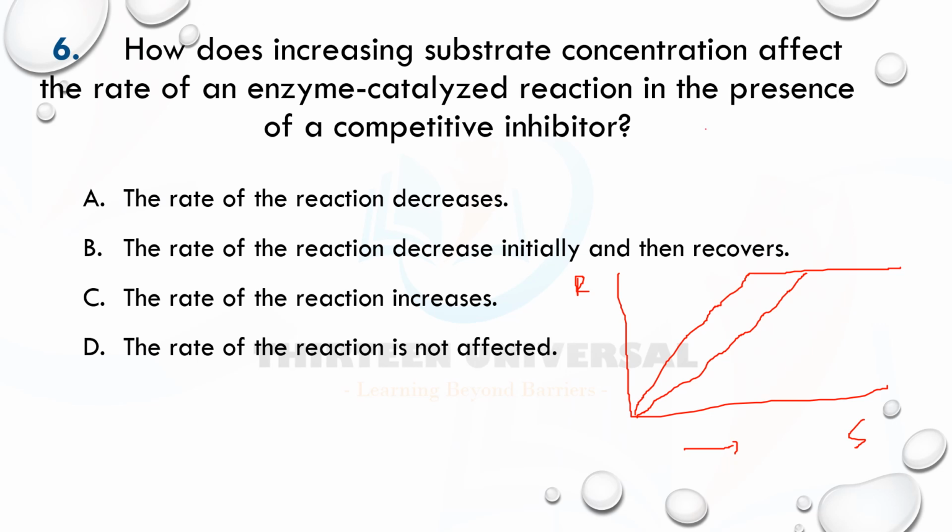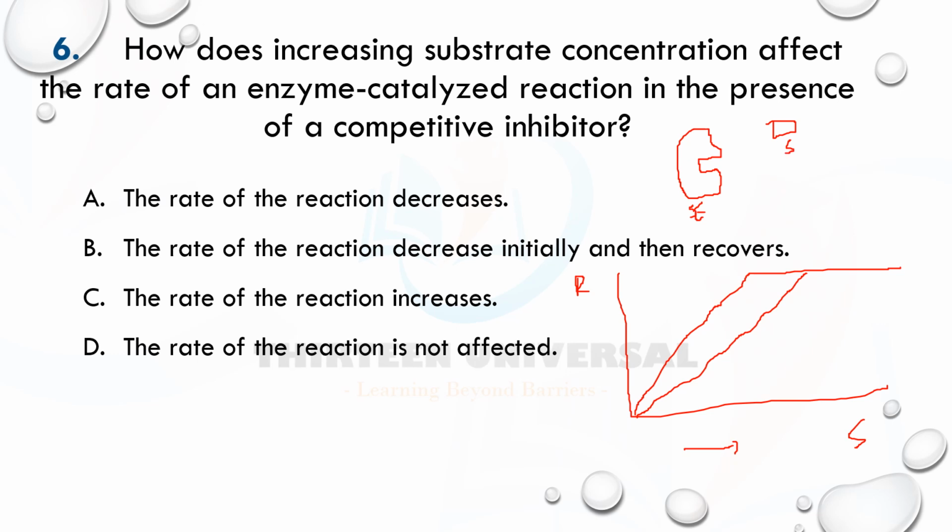Remember that a competitive inhibitor has a similar shape to the substrate. Now if this is the enzyme, don't forget this, this is E, the enzyme. I hope you are trying this question. And then we'll have, this is the substrate.